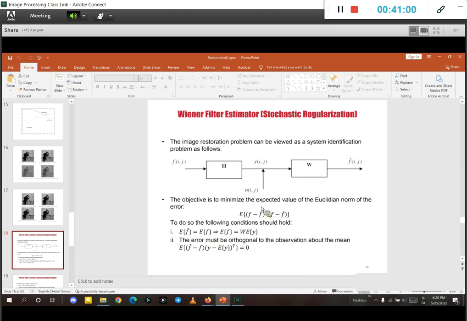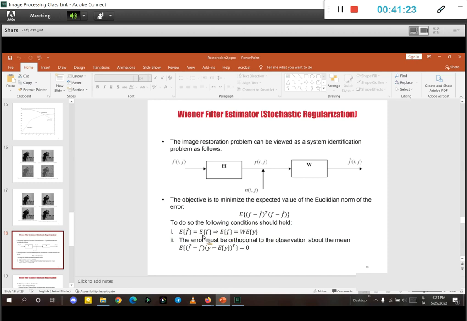This is the norm of the error between the restored output and the original image, f minus f hat. This is the norm of this difference, and we take the expected value of it because it is a stochastic problem.